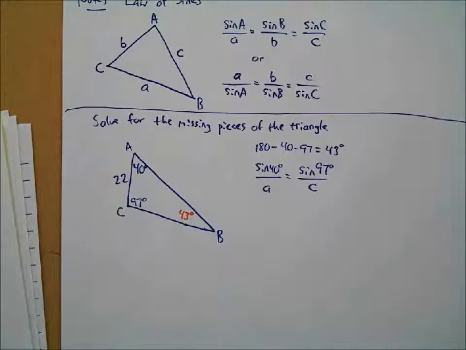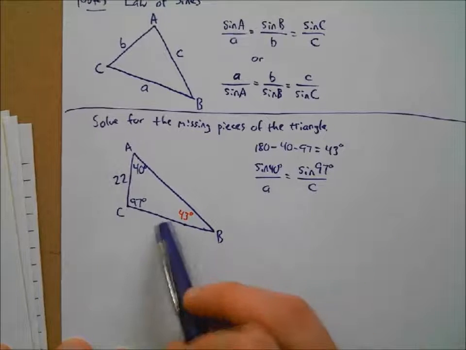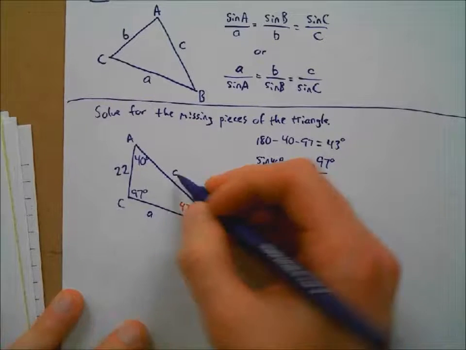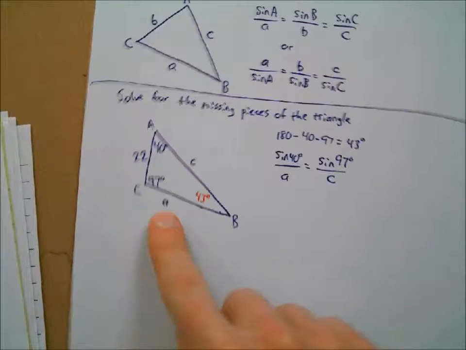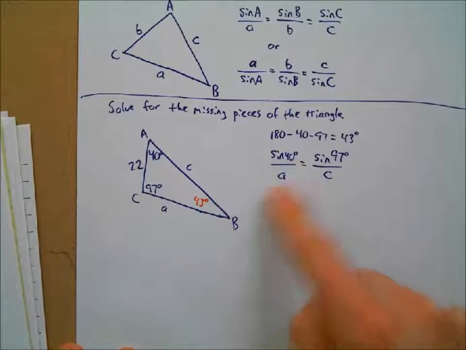This is true, since angle A is 40 degrees, I could say sine of 40 degrees over the opposite side, little a, and then the opposite side here, little c. That relationship should be in the same ratio as sine of 97 over c.